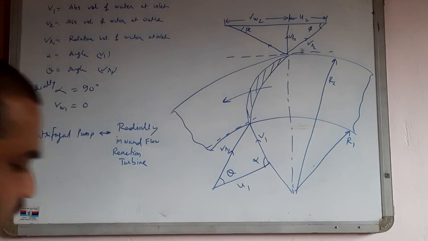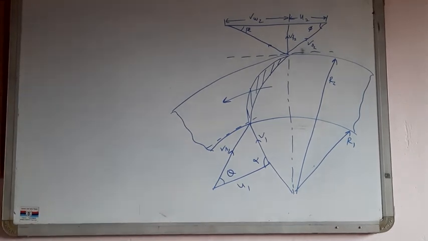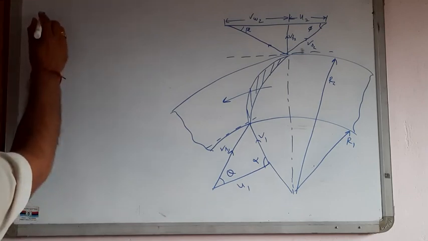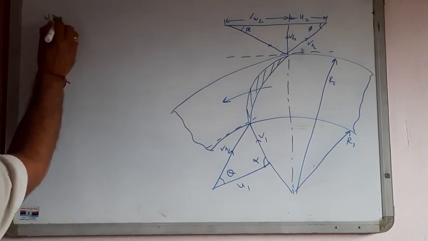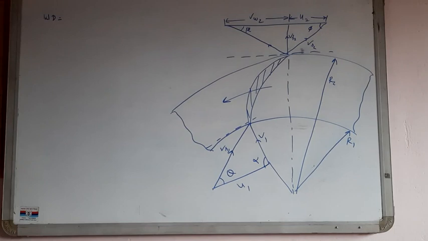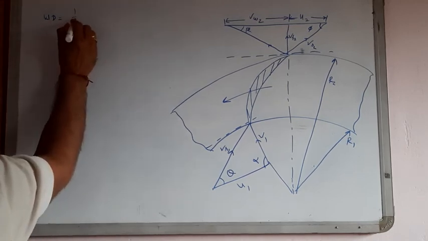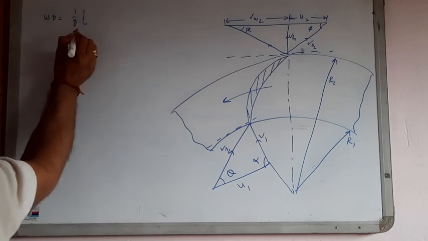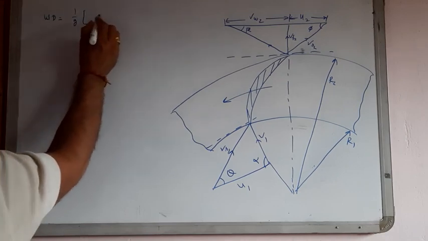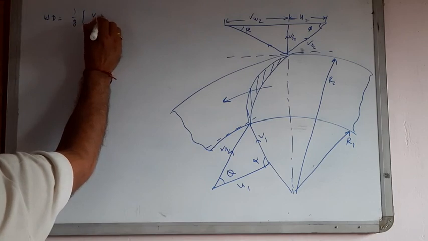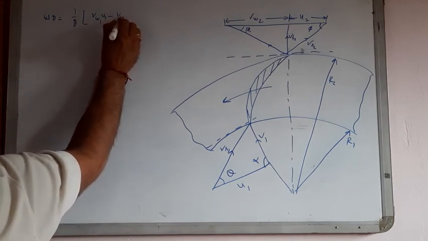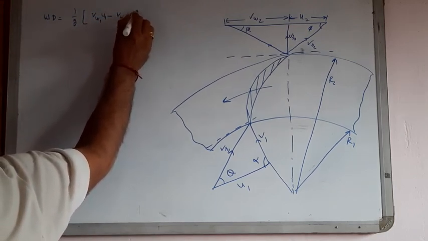Here the work done by water on runner per second per unit weight of water striking per second is given as 1 by g (VW1 U1 minus VW2 U2).